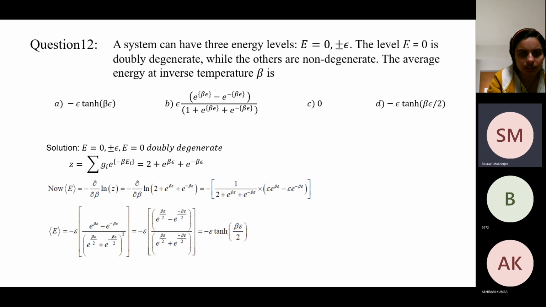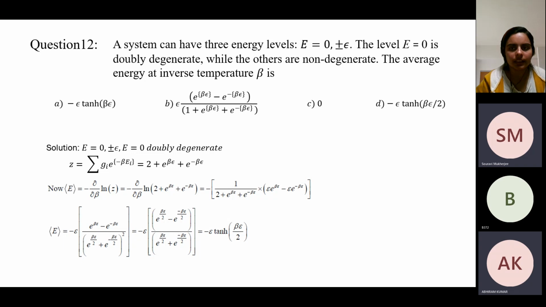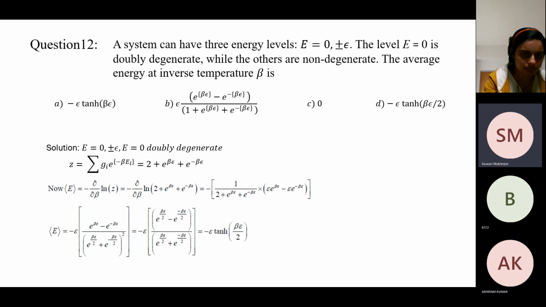So can you check where your solution might have gone wrong? For this solution, I made a mistake on e to the power minus beta epsilon. Okay, so it's a calculation mistake, right? Yeah, but the process was correct. I just assumed both of the energies will be the same positive, that's why I'm getting zero.